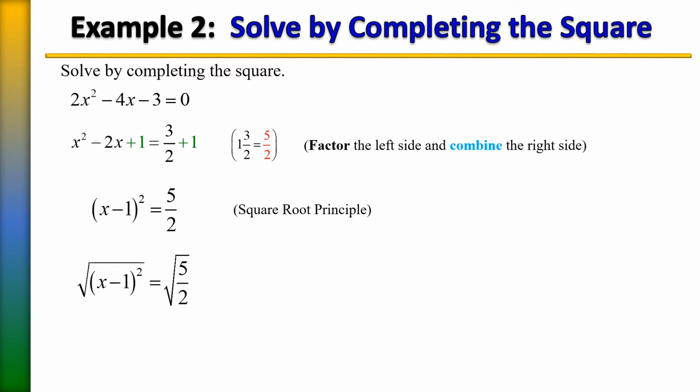On the right side, we have a radical, and recall when you take the square root there that is going to equal plus or minus that constant. So plus or minus square root of 5 over 2, or plus or minus radical 5 over 2.